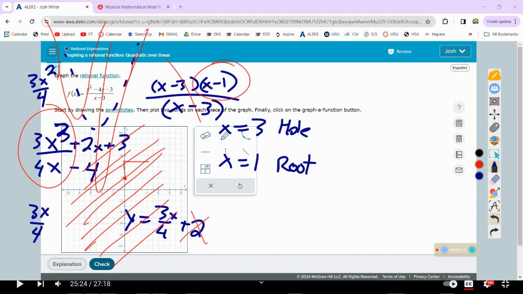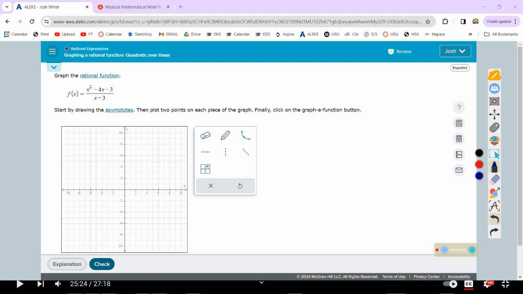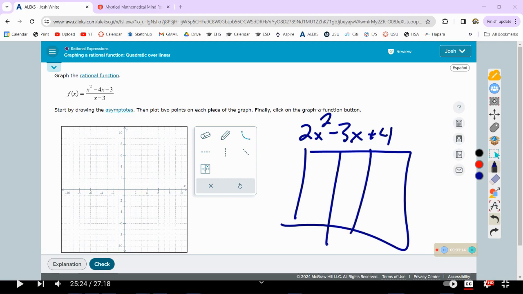So how do we find the equation of the slanted asymptote? Well, we have to do what's called polynomial division, which you guys haven't dealt with yet. So here's what I'm going to do. If I had 2x squared minus 3x plus 4, and I wanted to multiply that by x plus 6.